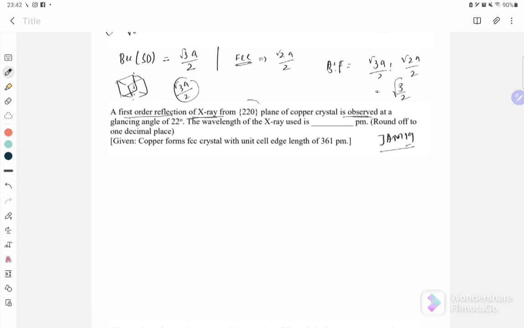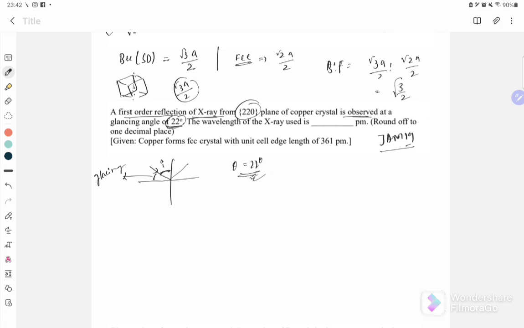It is a first order reflection, and the HKL plane is 2 2 0, and the observed glancing angle is given. What is the glancing angle? If this is the normal and this is the incident angle, then this one is the glancing angle. The glancing angle is 20, so theta is 20 degree.